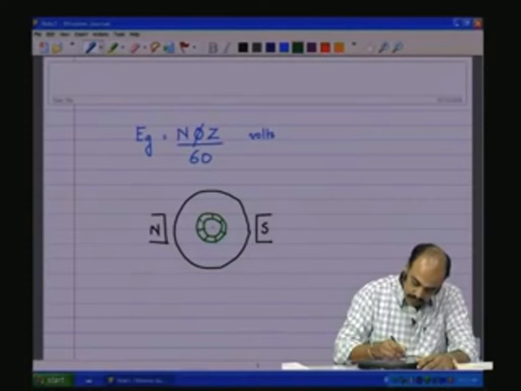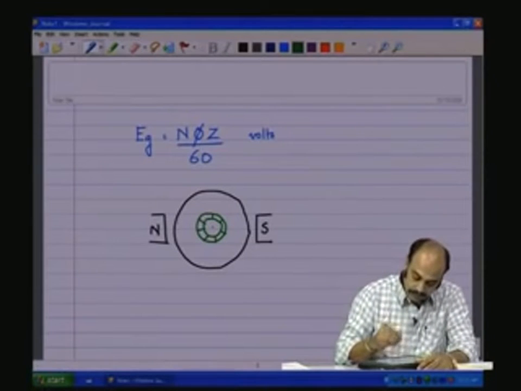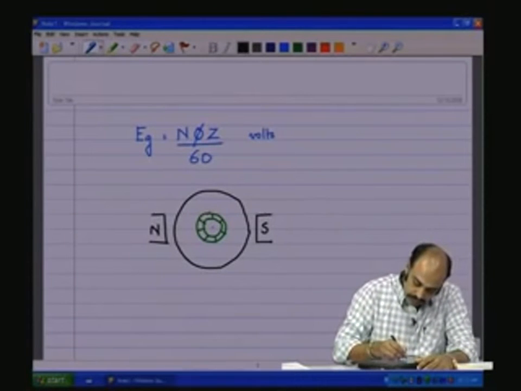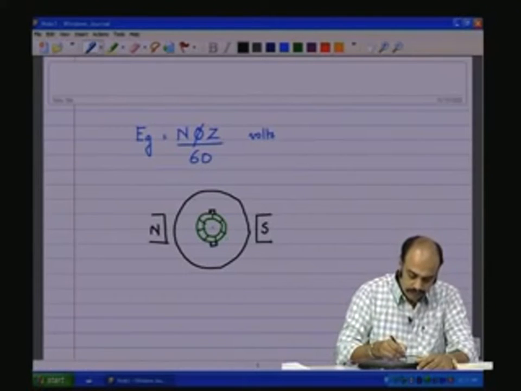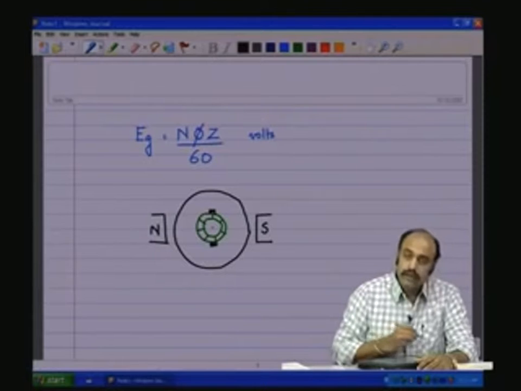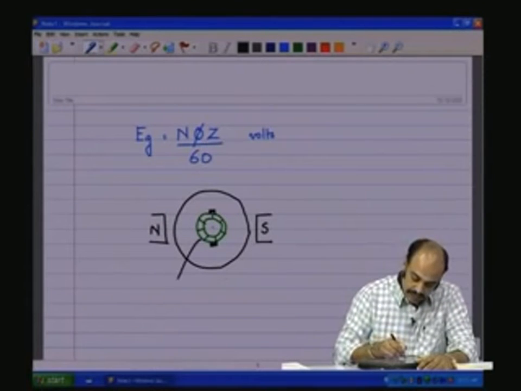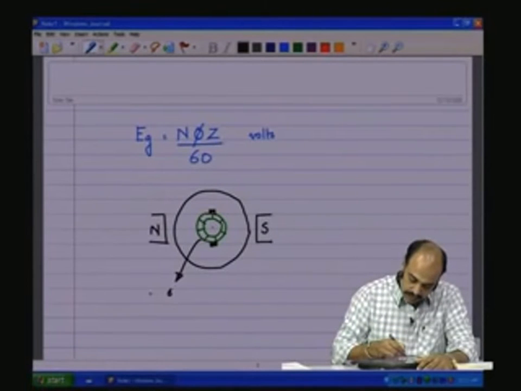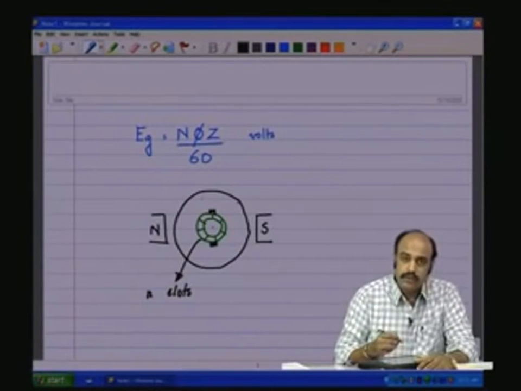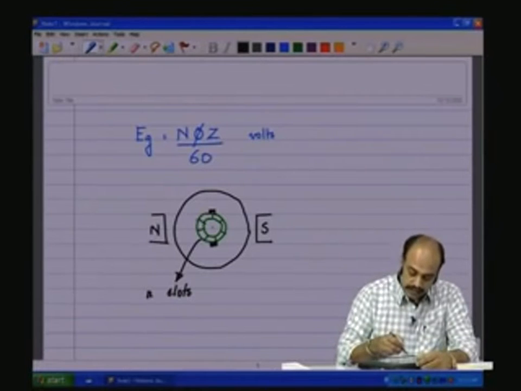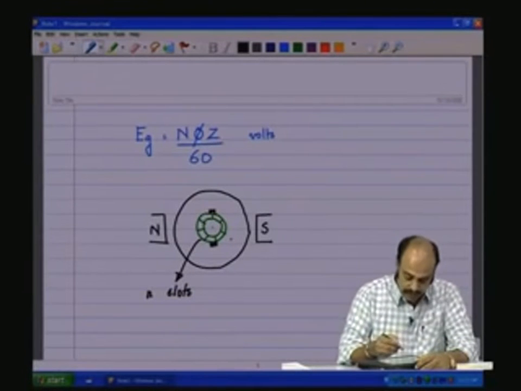So we have the commutator which is doing the job of rectification, and of course the brushes placed in the neutral zone. So for such a configuration, you could have n slots. If there are n slots on the armature, there will be n coils, and if there are n coils, there will be n segments on the commutator.